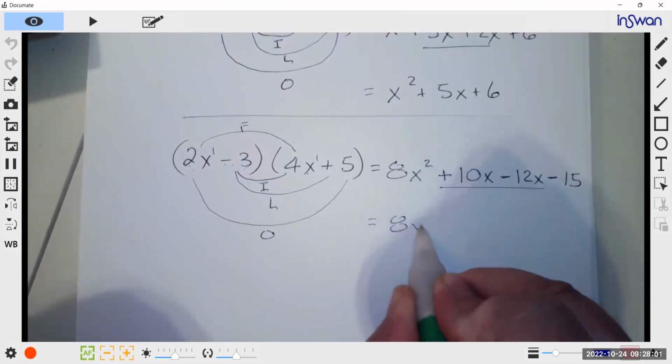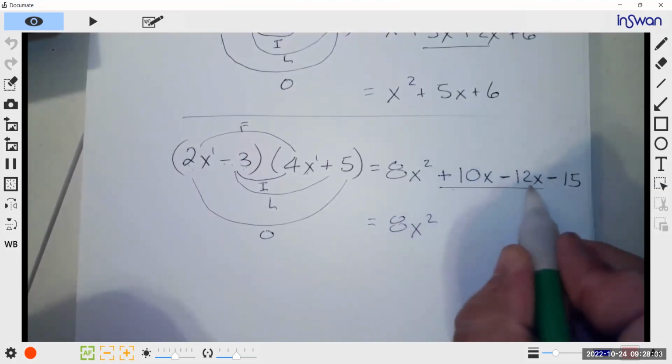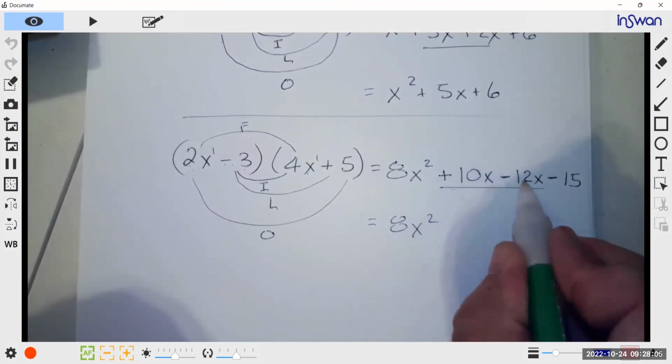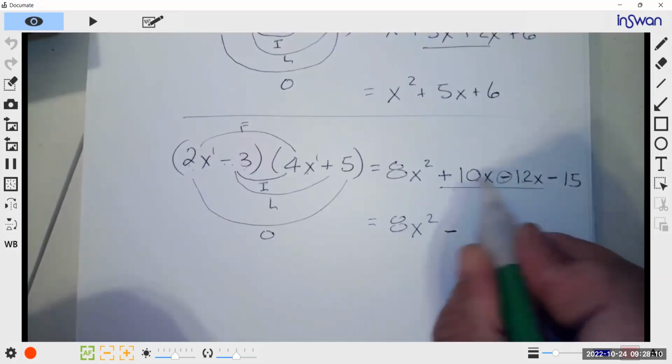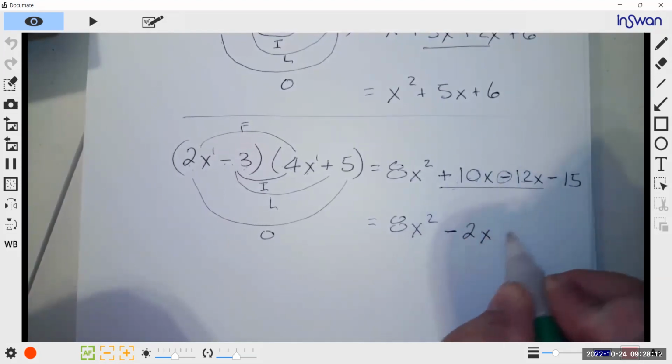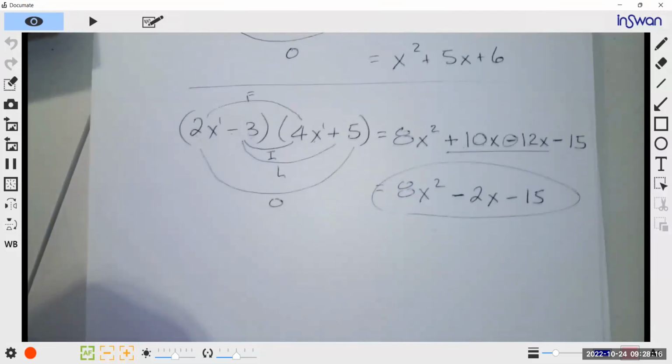So we have 8x squared. You have two x's in the middle. So positive 10, negative 12. 12 is bigger than 10, so it's negative. 12 minus 10 is 2, minus 15. And there's your answer.